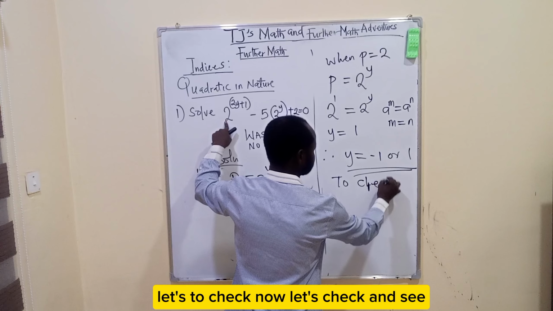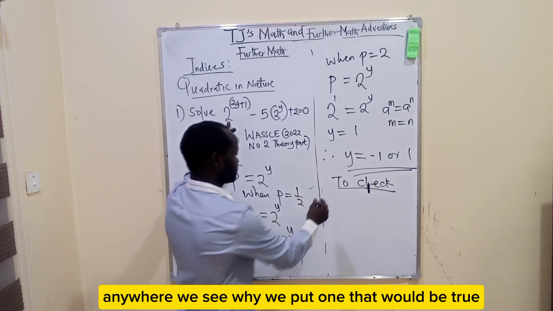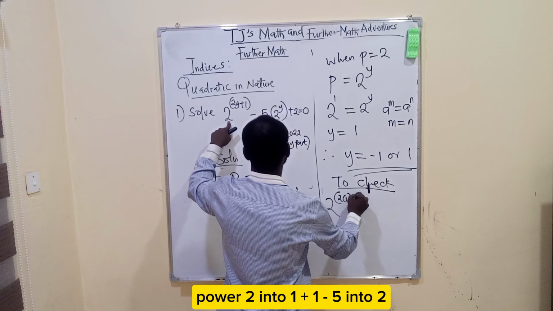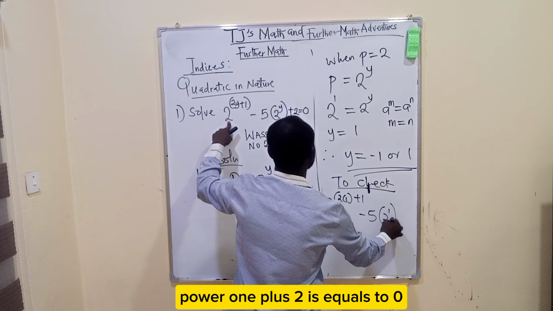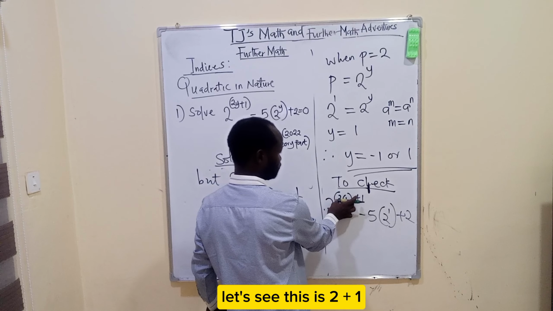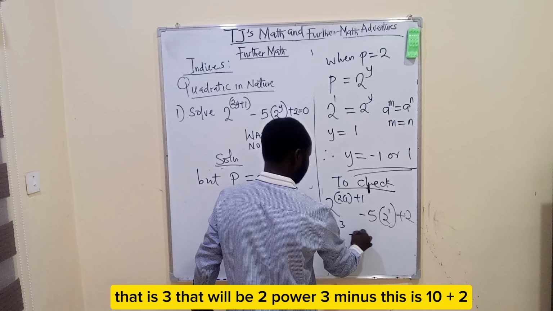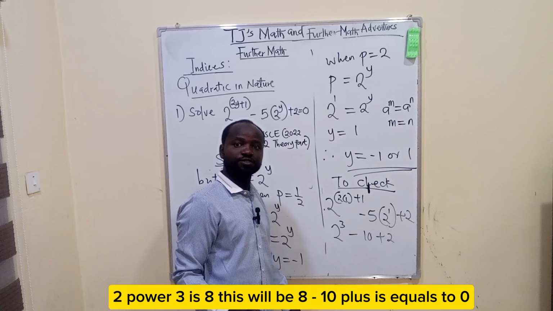To check, anywhere we see y, we put 1. That will be 2 power (2 into 1 plus 1) minus 5 into 2 power 1 plus 2. Is it equal to 0? Let's see. This is 2 plus 1, that is 3. That will be 2 power 3 minus 10 plus 2. 2 power 3 is 8.